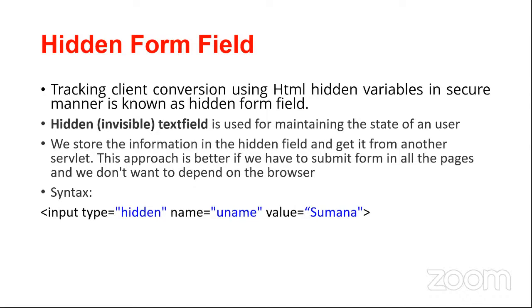Okay, so we are trying to track user information in HTML by hiding that data. Okay, so that's called hidden form fields. Even we can say it in a simple way, as invisible text fields used for maintaining data, or maintaining the state of a user.